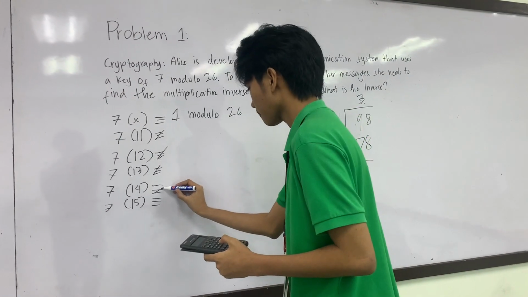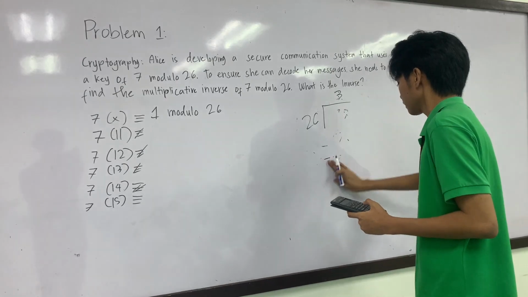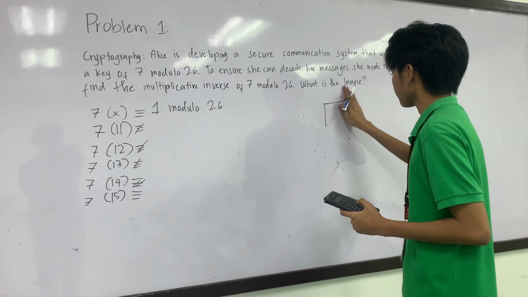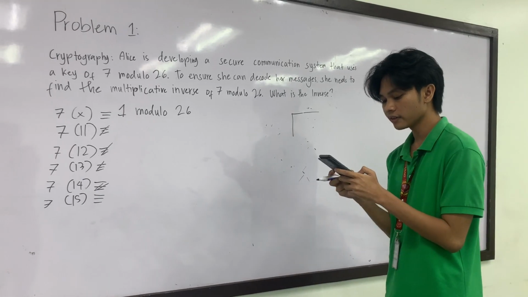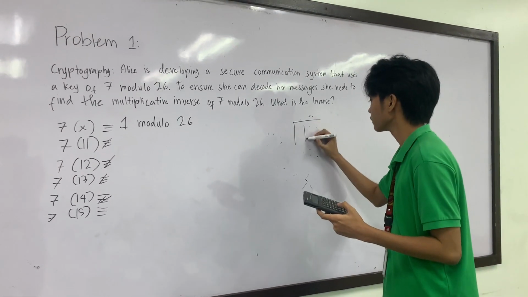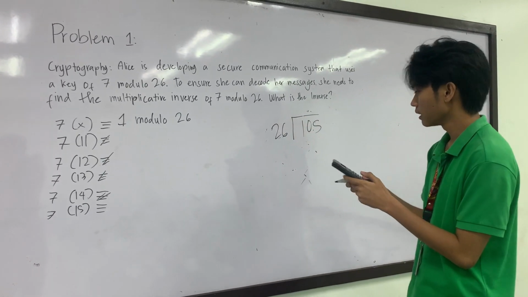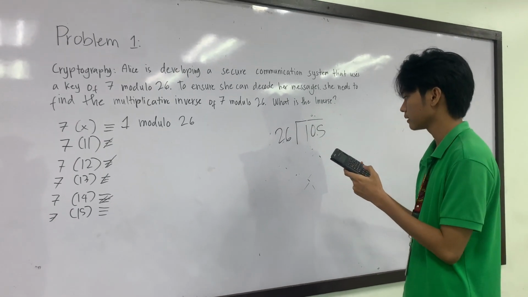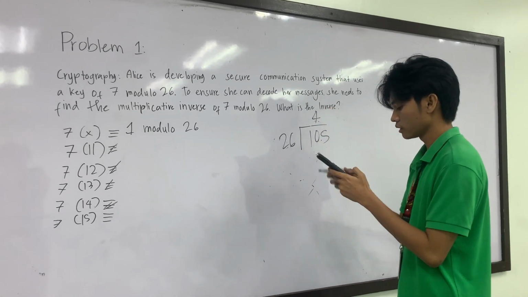The last one is 15. 7 times 15 is 105. 105 divided by 26 is 4.